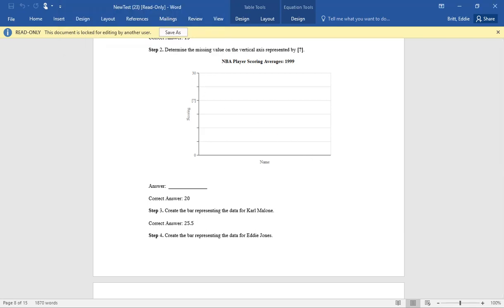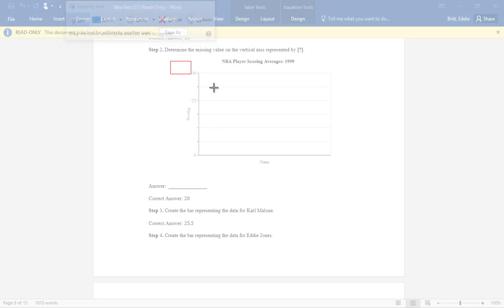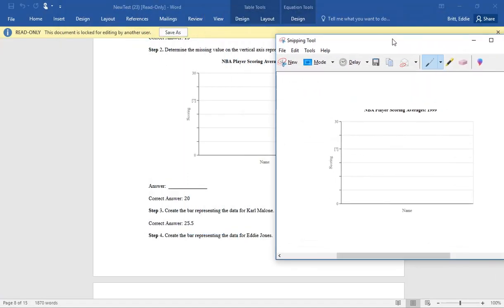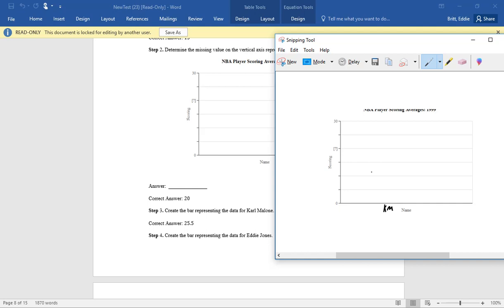let's see. Then all you would need to do, if we create one for Karl Malone, let's just say for Karl Malone, and it's 25.5. So we know 25 is 5, 10, 15, 20, 25. We just go up just a little bit more because 0.5 means it's not quite 26.